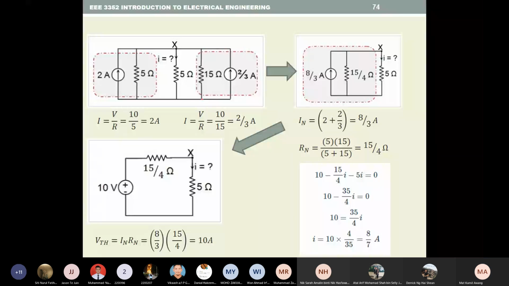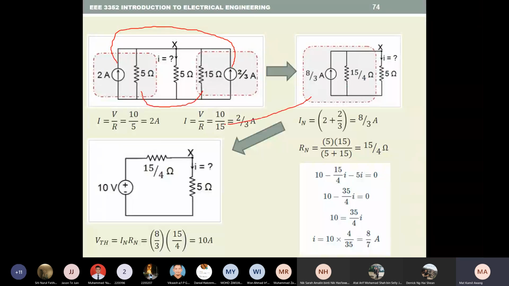From here, 15 and 5 are in parallel, so you can combine them, and these you can add. So it becomes 8, and this parallel combination becomes 15 over 4. So this is a Norton equivalent.